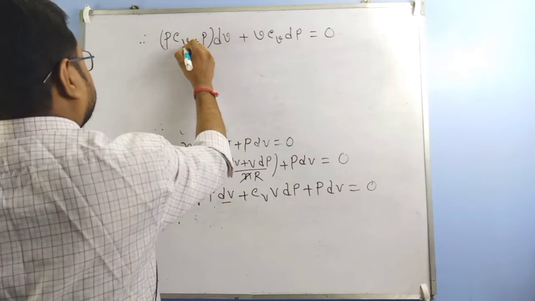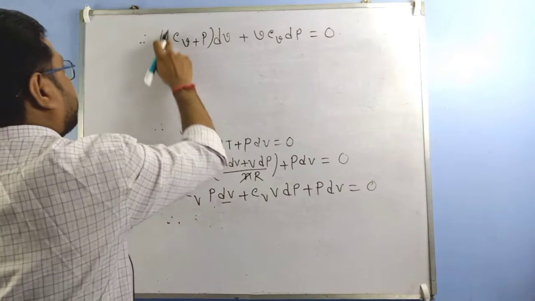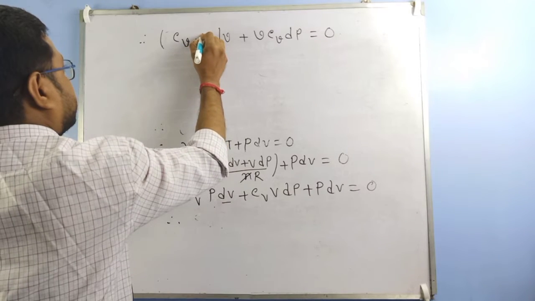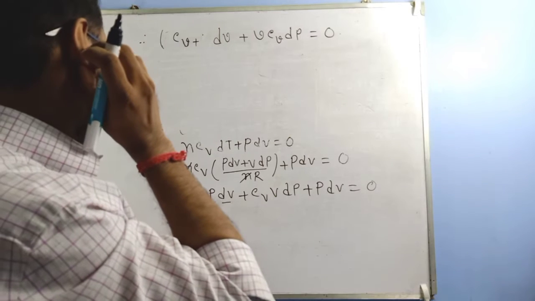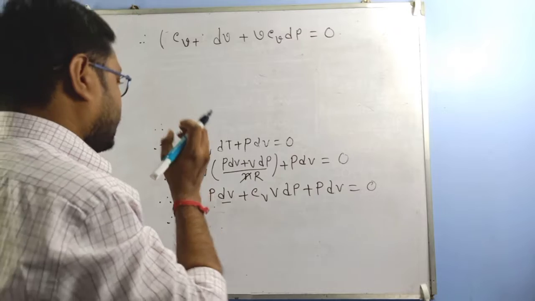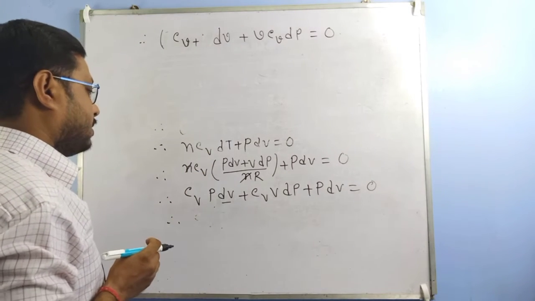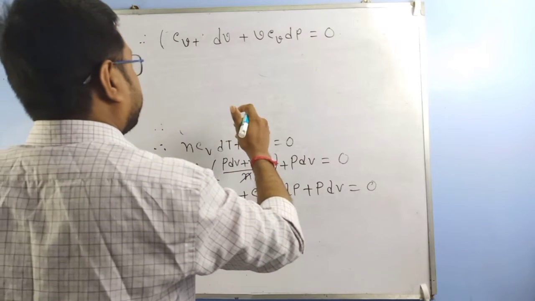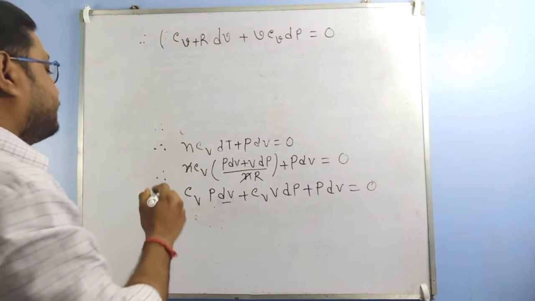P will be outside: P dV times (Cv plus R), because R is also here.